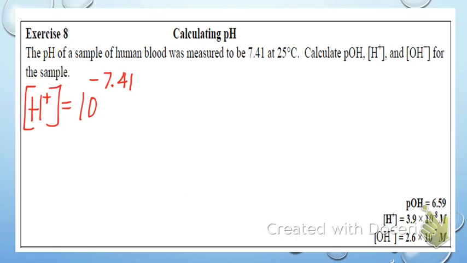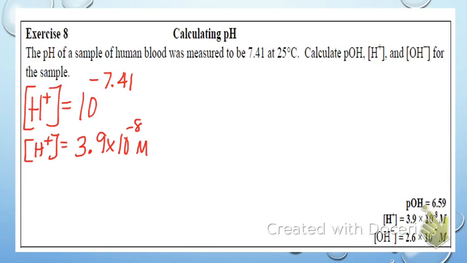Because it gave us the pH, so for the hydrogen concentration, we're just taking the antilog of what we took the log of. Everybody do that in your calculator, make sure you get it right. I need how many significant figures here? 2, because I have 2 decimal places, so it'd be 3.9 times 10 to the negative 8. That's good. We got the answer they gave us on the paper.